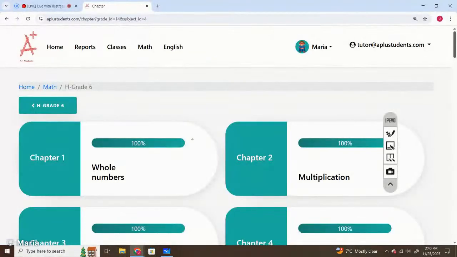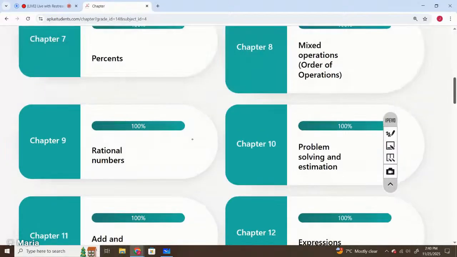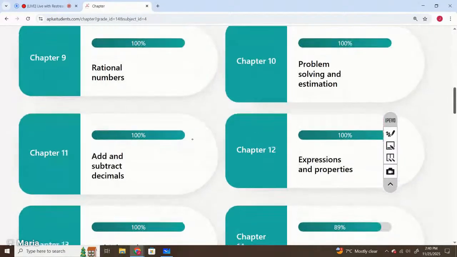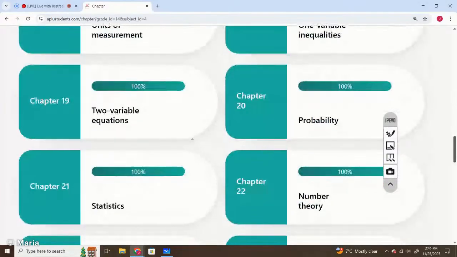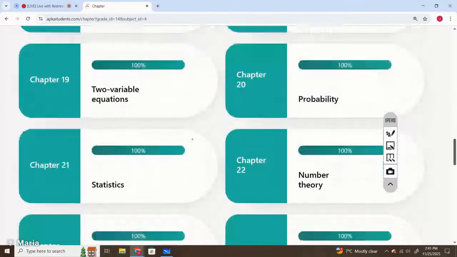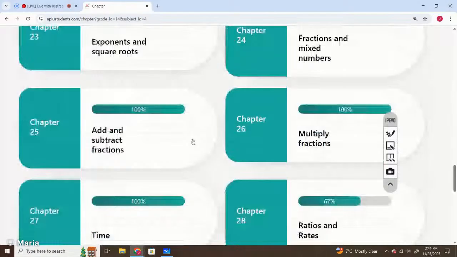If you have any doubts on any of the lessons, you can simply click on the live chat button. That is your homework until the next session.